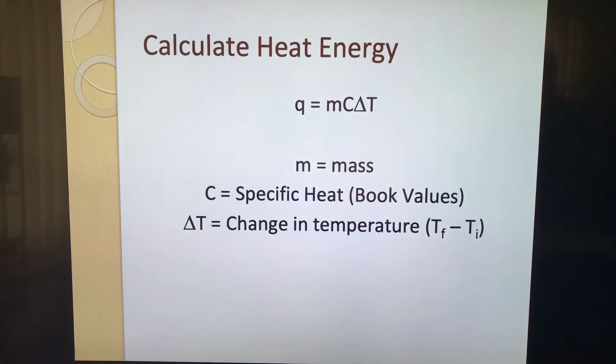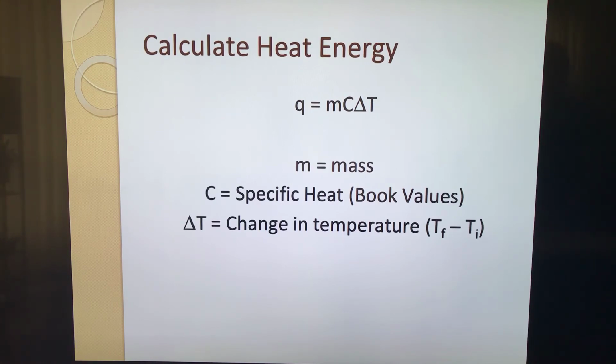We use three things. M for mass, the mass of whatever it is that we're looking at. Could be the mass of a cup of coffee, the mass of a volume of air. Specific heat, the letter C. These are determined through experiment, and we can look them up on the internet or in a book.